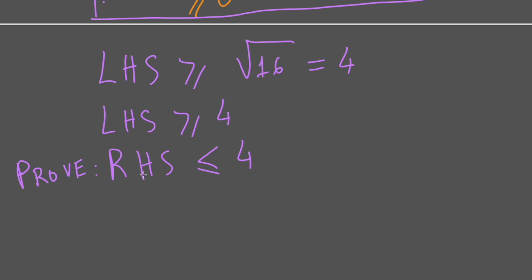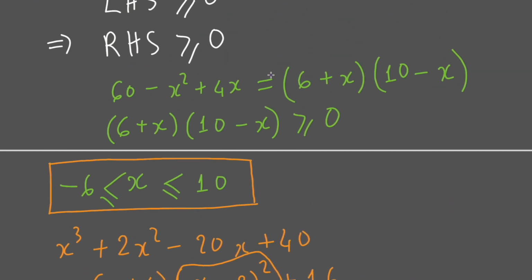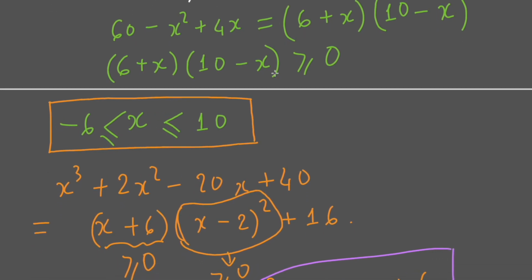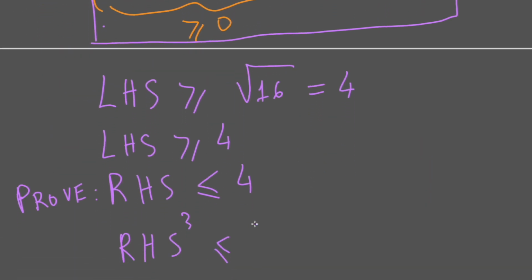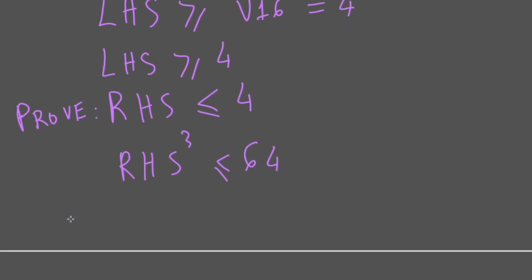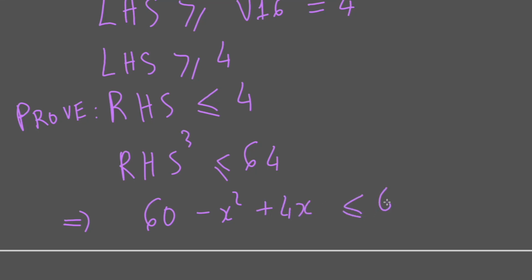To prove the right hand side is smaller than 4, we have to show the right hand side cubed is smaller than 64. Yeah, 64, sorry. When the right hand side is cubed, it equals 60 minus x squared plus 4x, smaller or equal than 64.